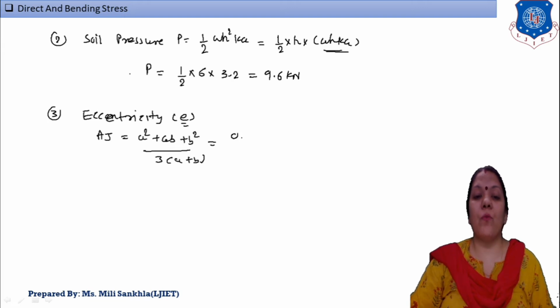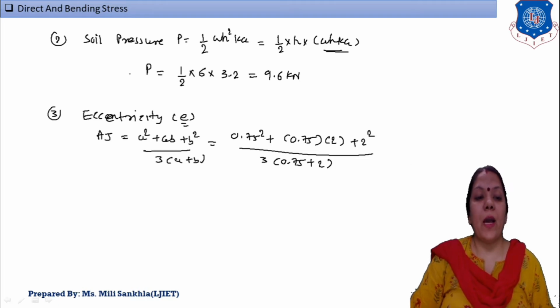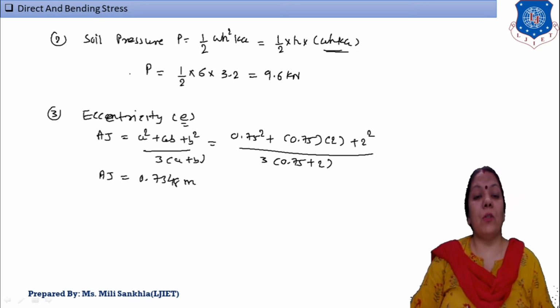A is equal to 0.75, so 0.75 square, then 0.75 into B, with B equal to 2 meter, then B square means 2 square, divided by 3 into (0.75 plus 2). Now my answer of AJ is equal to 0.7348 meter.